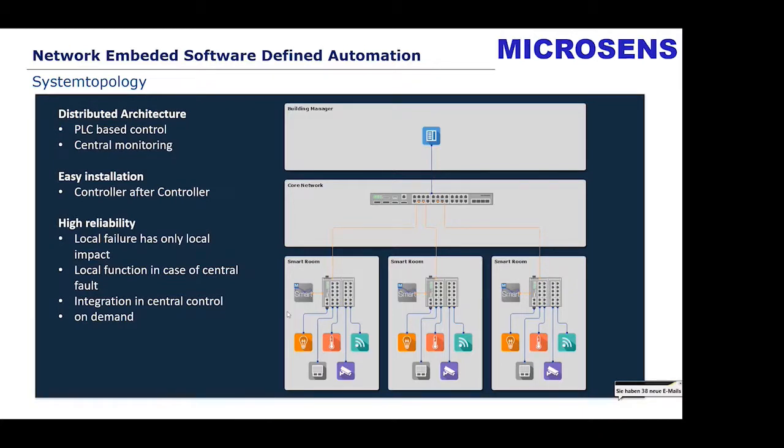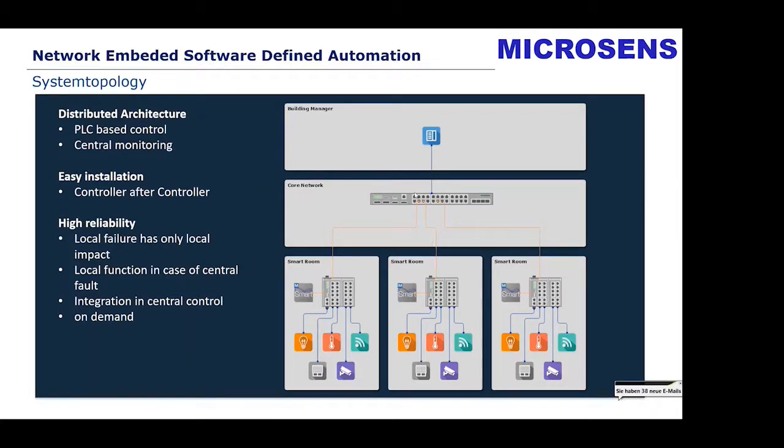So the idea is, for example, to connect field components like sensors, actuators, and cameras directly to the network. Cameras may be more common to you because of surveillance systems, but the way you connect the IP camera to the network could also be used to connect other sensor information, or to drive an actuator, for example. The approach of Microsense is really simple.